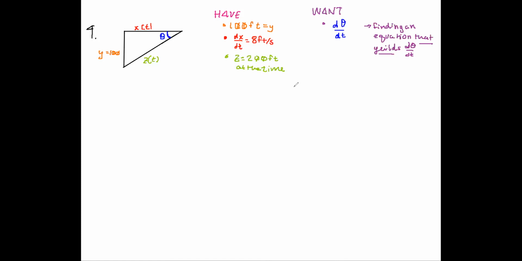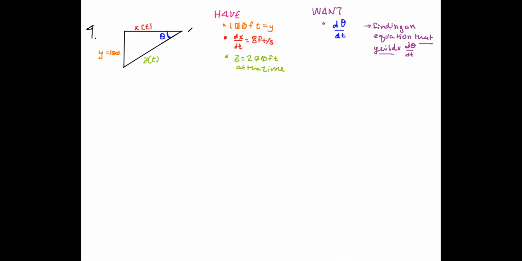My gut reaction is if I used cosine, I would be using x of t over z of t, and that would make my life hell. Yeah, I am always looking for the easiest way. If it gets you the same answer, why not?